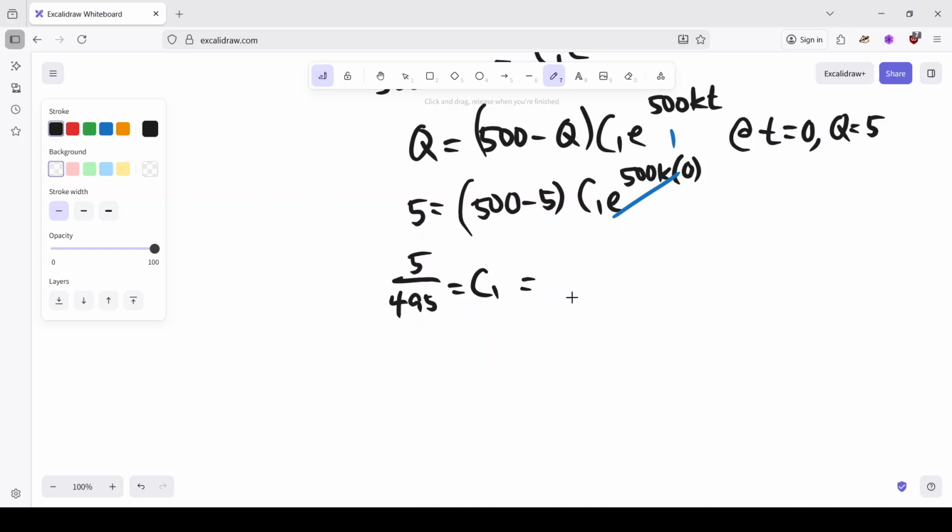See, 5 over 495 natin will be equal to 1 over 99. Okay? Paano natin nakuha yung 1 over 99? So, 5 over 495. Common naman si 5 na. So, we can divide 5 both sides. So, 1 over 99. Okay?